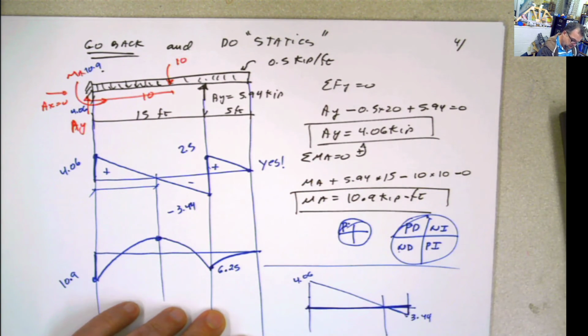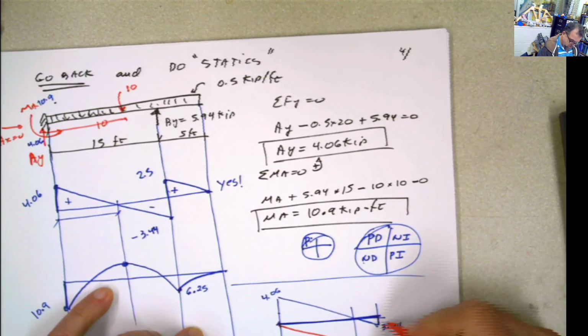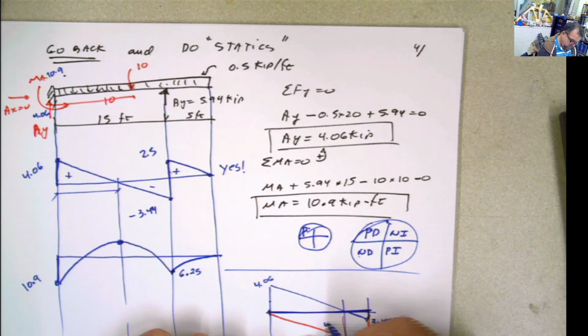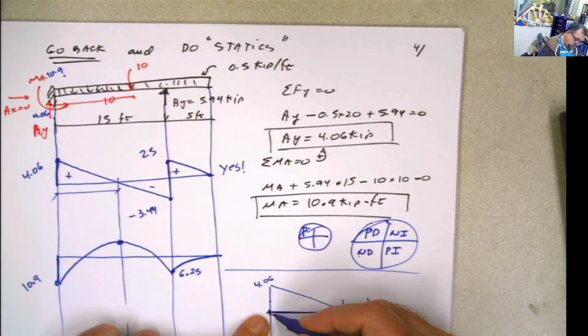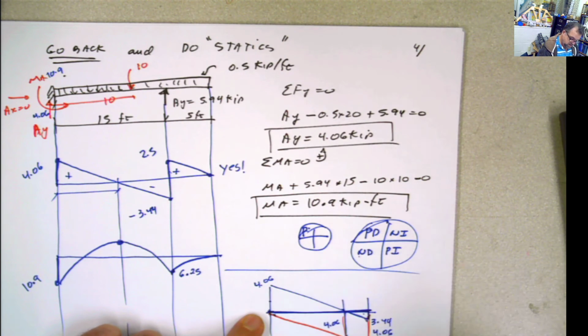I draw this line here, and then I know this is 4.06, so this is 4.06, this is 4.06, and then in that way I can say, oh, look at that, 3.44 plus 4.06 is related to this distance. What is this distance? This distance is 15, the total distance, as this 4.06 is related to this distance.